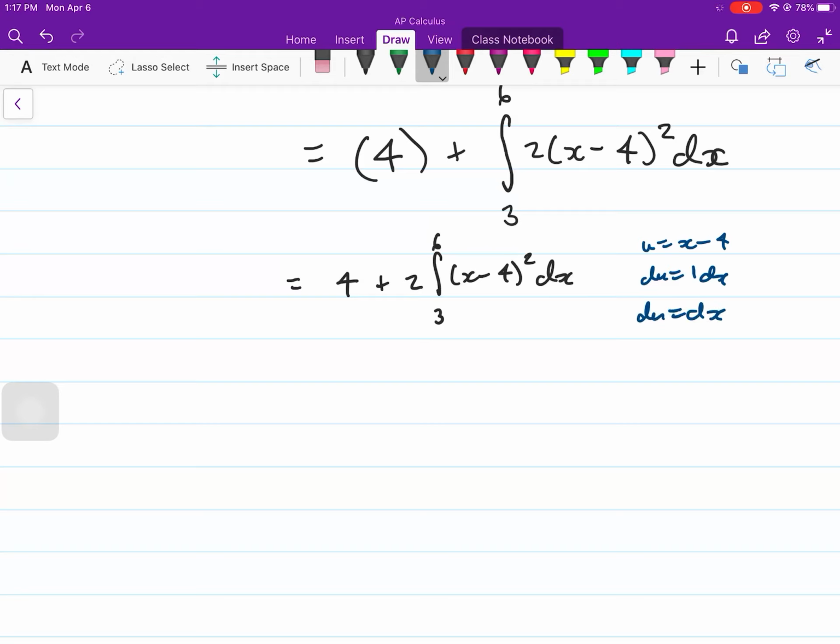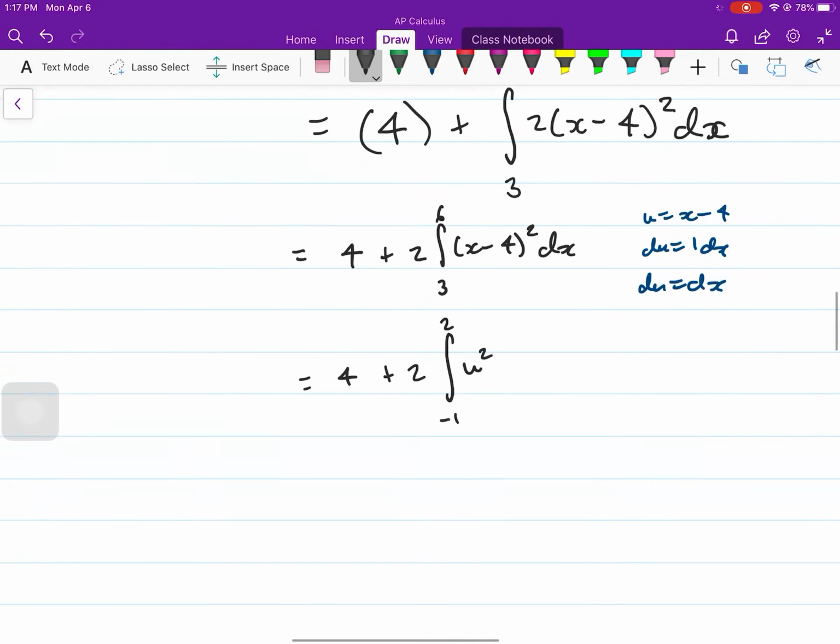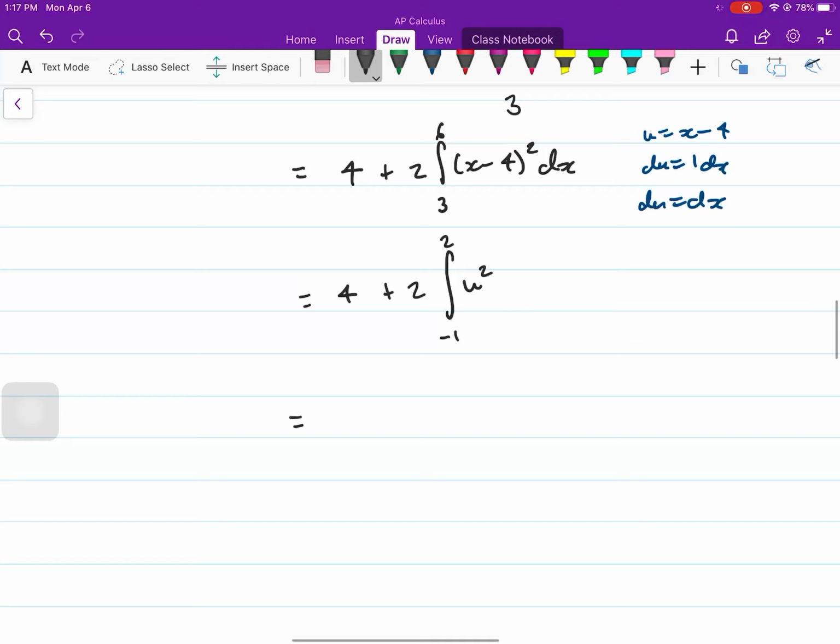So it's a really easy u substitution. I'm going to change the bounds. So we're going to have plus 2 integral from negative 1 to 2 of u squared. And then don't forget about that 4 out front there. And then this is going to equal 4 plus 2u cubed over 3 from negative 1 to 2.